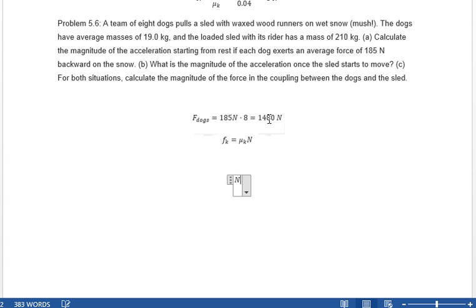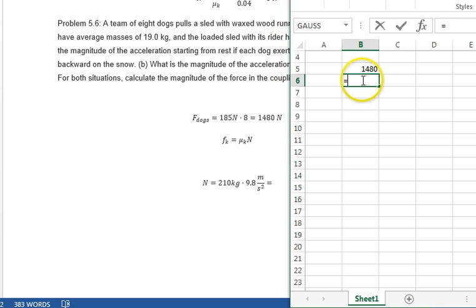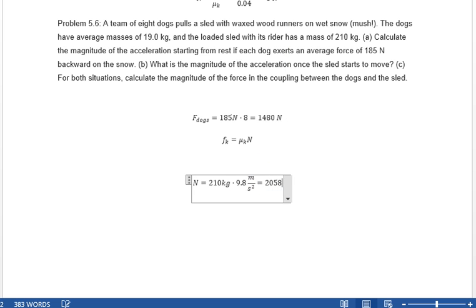The normal force in this instant is the weight of the sled, which is 202 kilograms, times the acceleration of gravity, 9.8 meters per second squared. So the normal force is 2058 newtons.